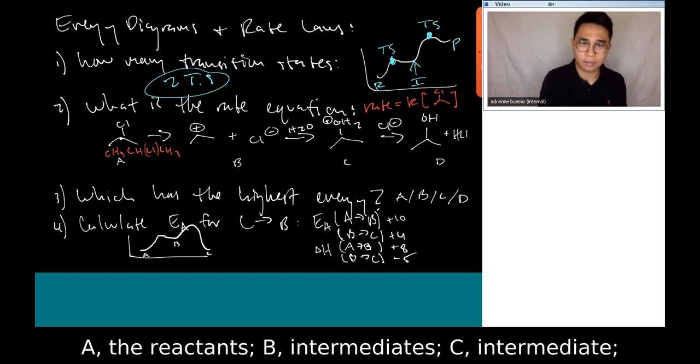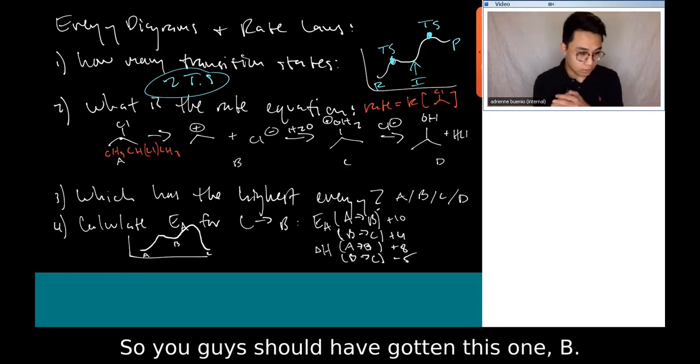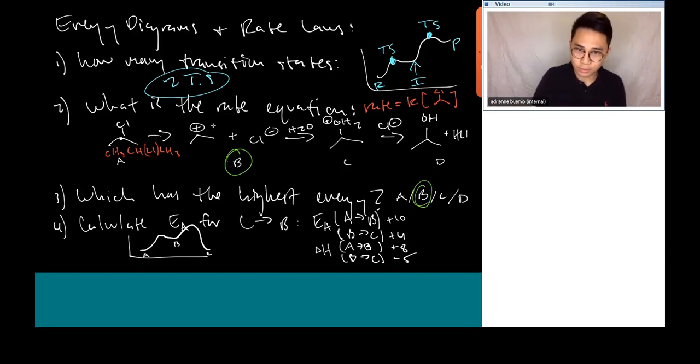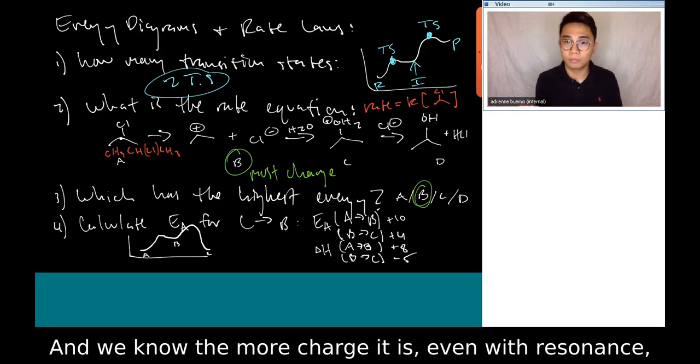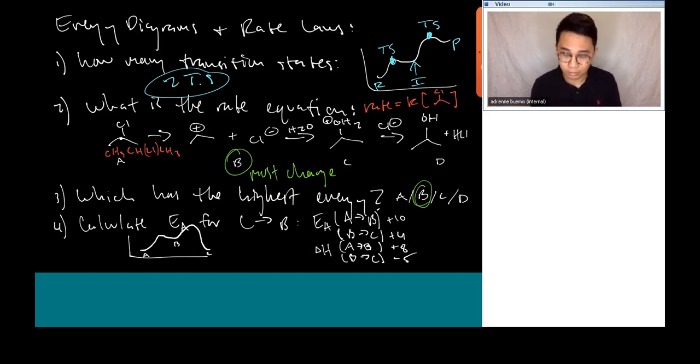Now let's go to which one has the highest energy: A, the reactant, B, intermediate, C, intermediate, or D, product. You should have gone with B, because it has the most charge. And we know the more charge it has, even with resonance, it's unstable, so it's going to have the highest energy.